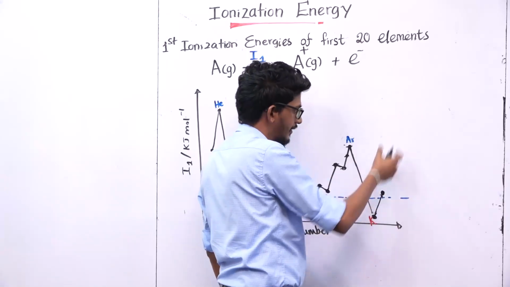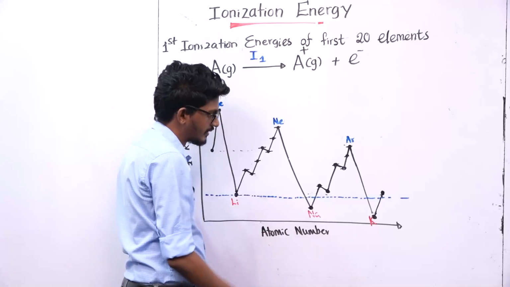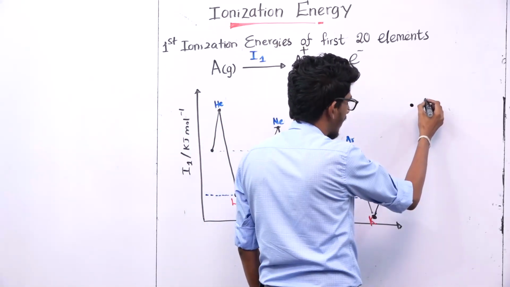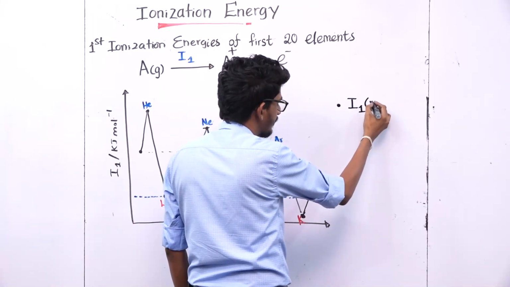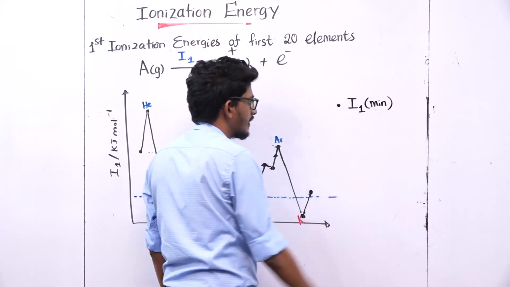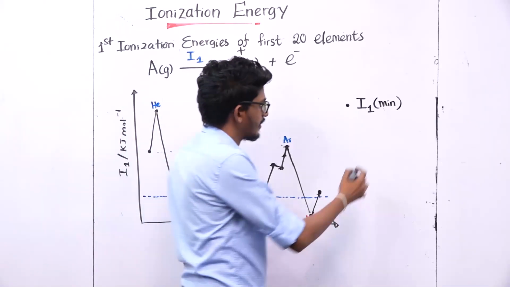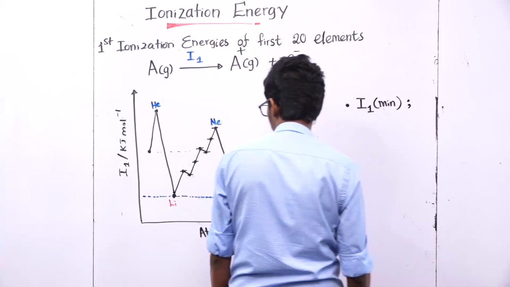Most probably you can write these things under the variation. What we see is, for I1 minimum values, the group 1s show the least values.